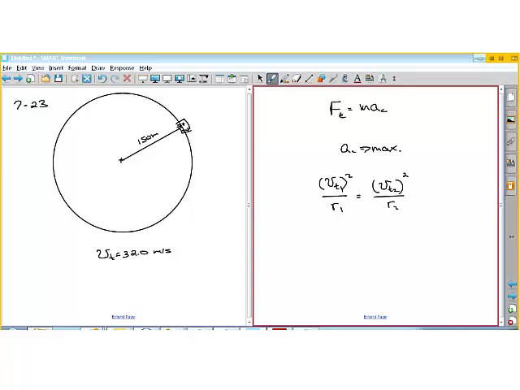So if we want to solve for V2, the maximum, we could say V2 tangential squared is equal to V tangential 1 squared times R2 over R1. Did I get that right? Yeah, okay.